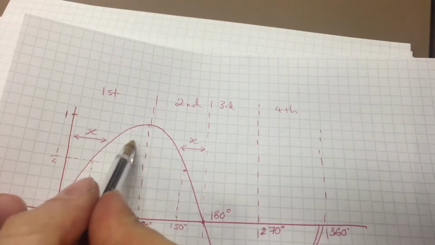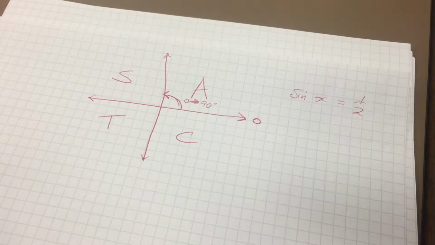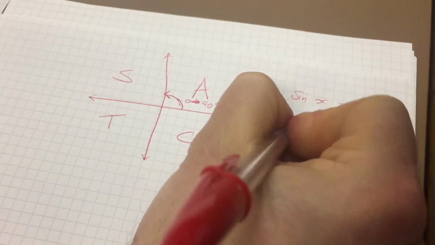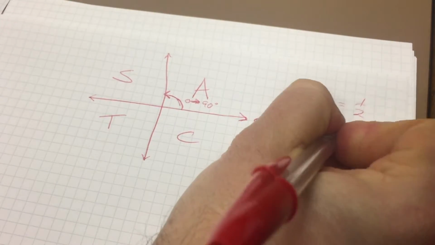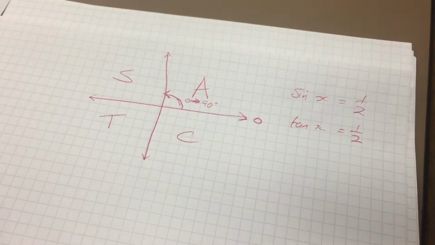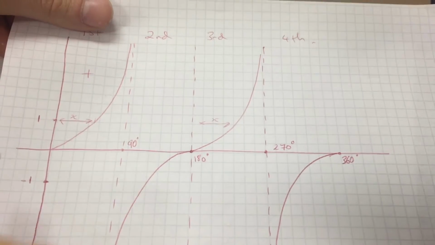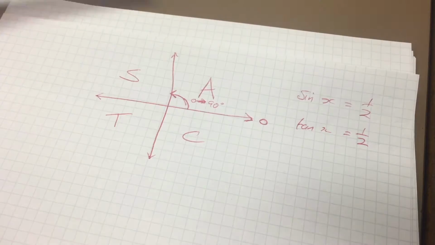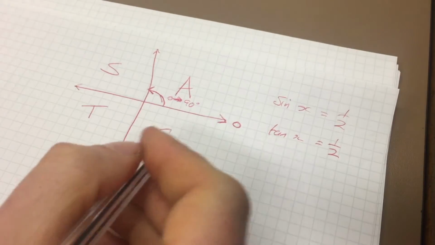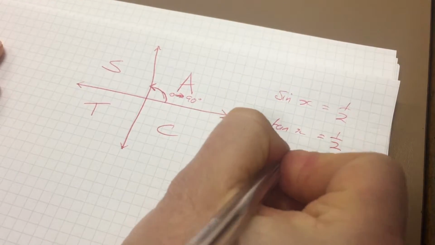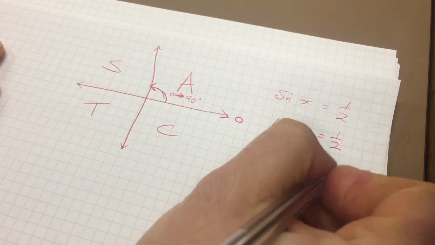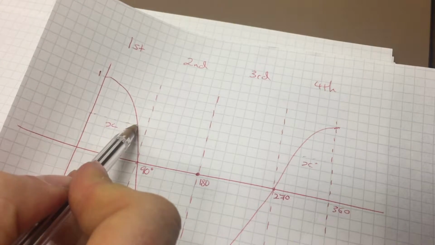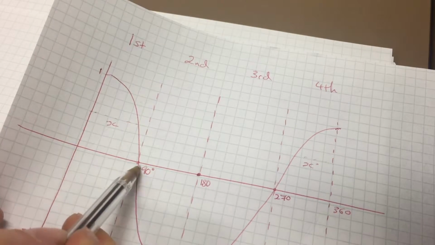Basically, it's in the first quadrant. That's also positive if I'd said, when is the tan curve at height of half? Well, also, it can be found somewhere between 0 and 90. And if I ask the same question, when is the cos curve at height of a half? Well, the answer can be found somewhere between 0 and 90 as well.